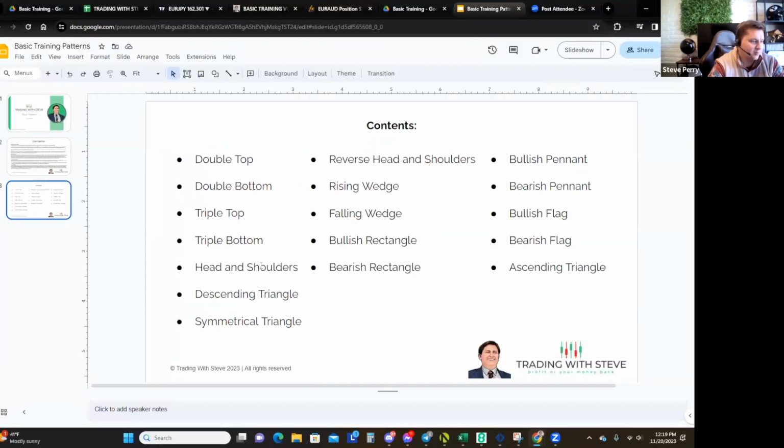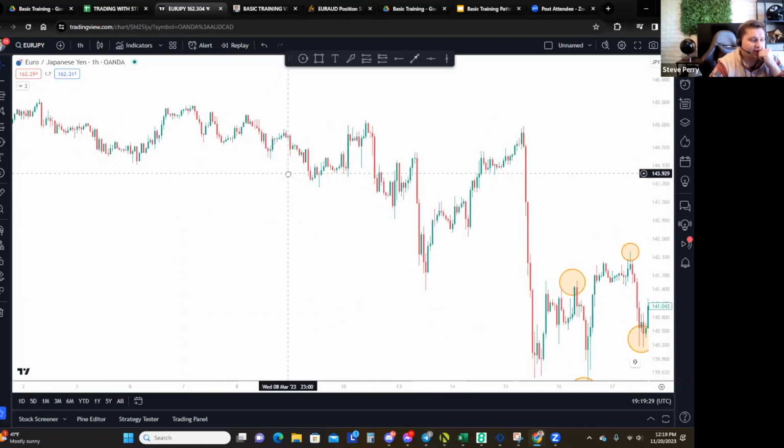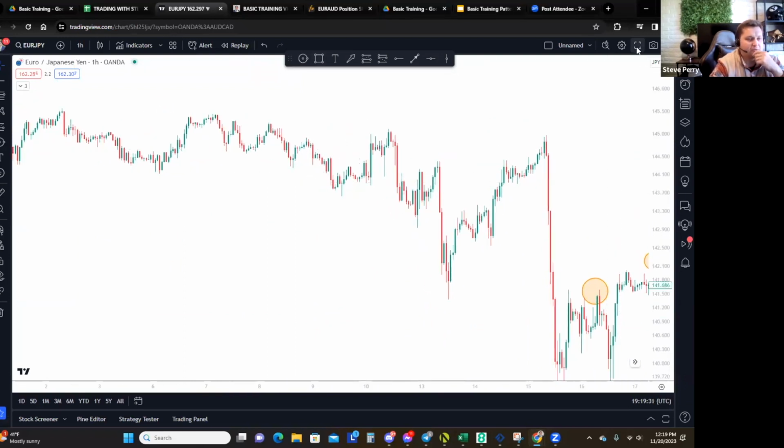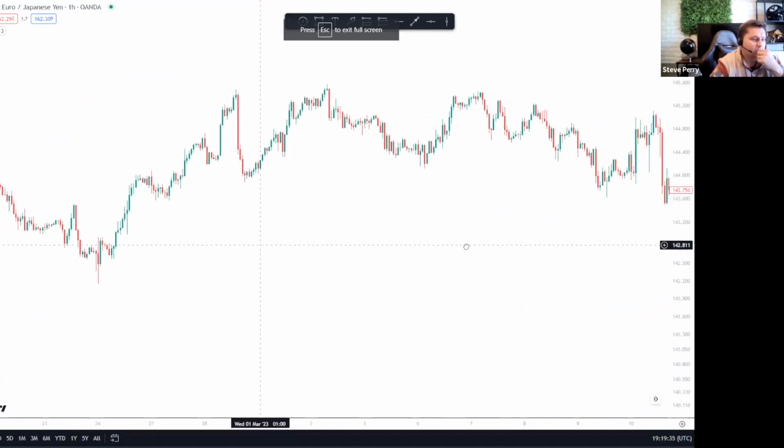We still need to talk about descending triangles and ascending triangles. Wedges we haven't talked about, and rectangles. So let's see if we can find some of those. One of my favorites is the descending and ascending triangles. So let's see if we can find a few of those. And then along the way, we still haven't talked about bear flags either. So let's see if we can find a bear flag as well.